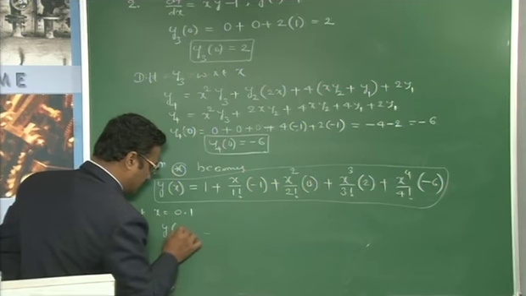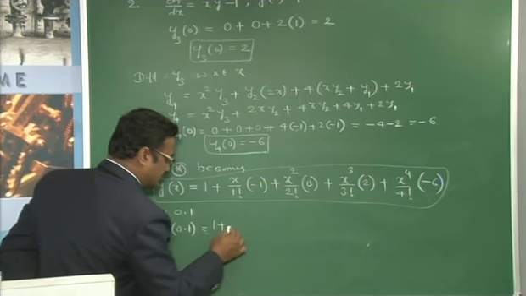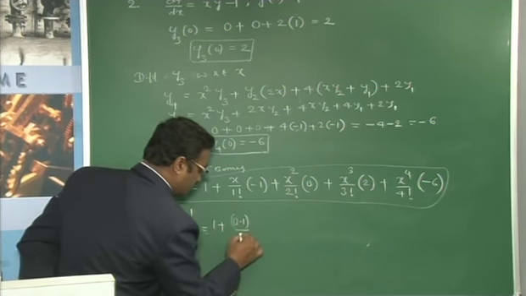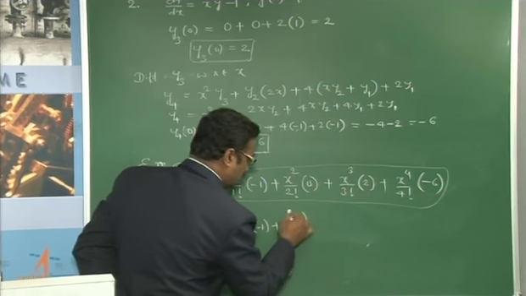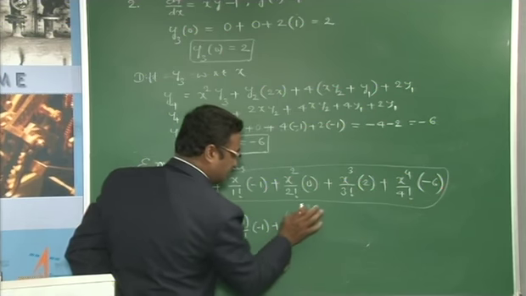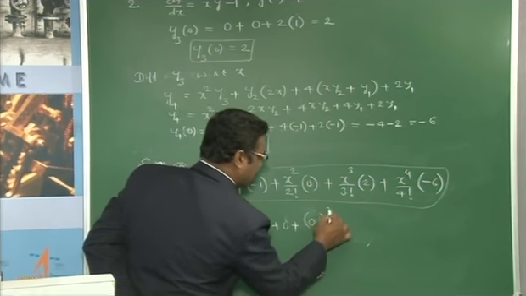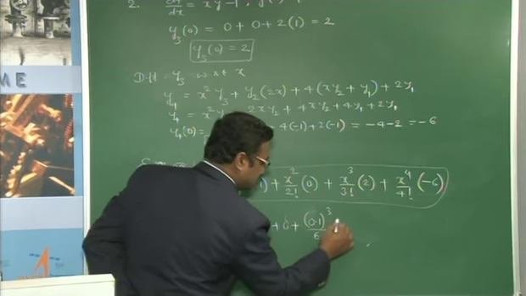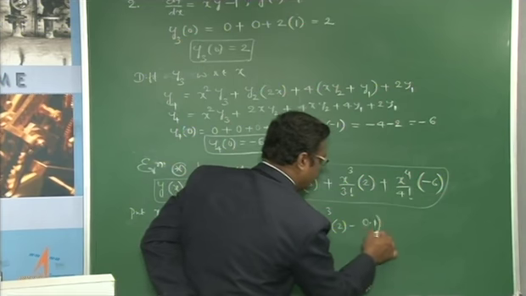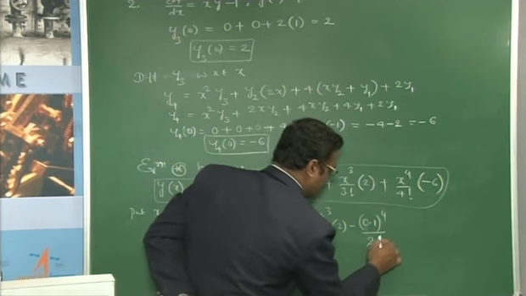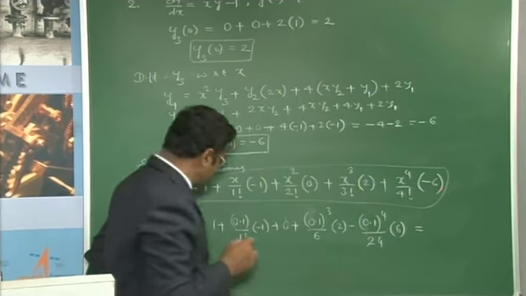Then y of 0.1 in your Taylor series expansion is 1 plus 0.1 by 1 factorial into minus 1, plus 0.1 whole square, which becomes completely 0, plus 0.1 whole power 3 by 3 factorial, which is 6, into 2, minus 0.1 whole power 4 by 24 into 6. Using your calculator, it gives some values.